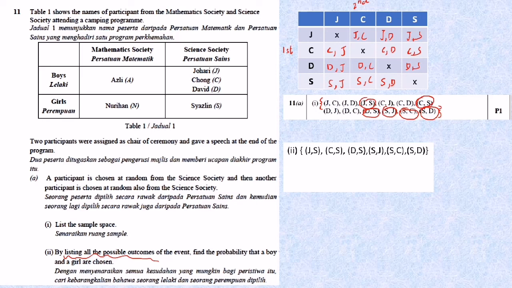How many are there? 1, 2, 3, 4, 5, 6. So the probability is 6 over the total 12. If you simplify it, it equals 1 over 2. So this part 1 mark and the answer 1 mark.